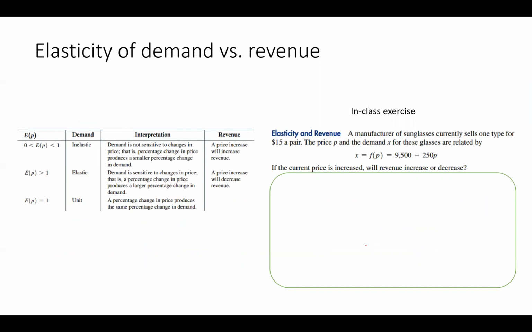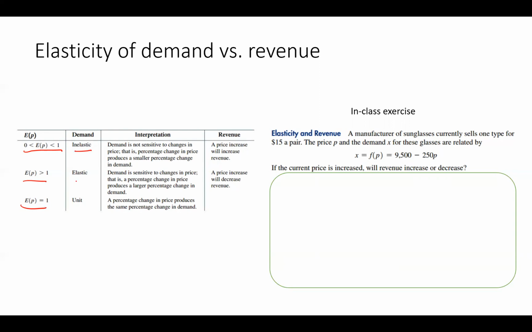And lastly, we have one more notion, which is elasticity of demand and revenue. So this is one more concept which will be useful sometimes in particular applications. For example, the elasticity of demand versus revenue. This is quantity, right? So if it is between 0 and 1, then it is inelastic.